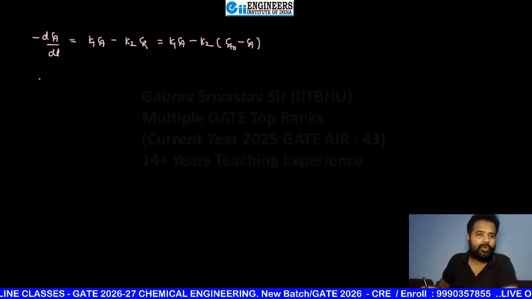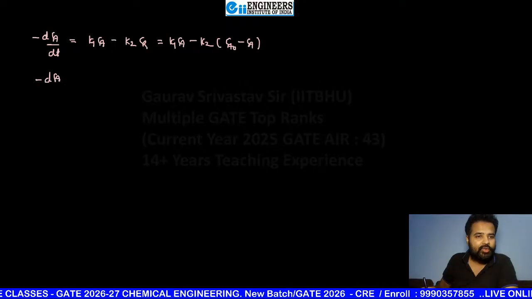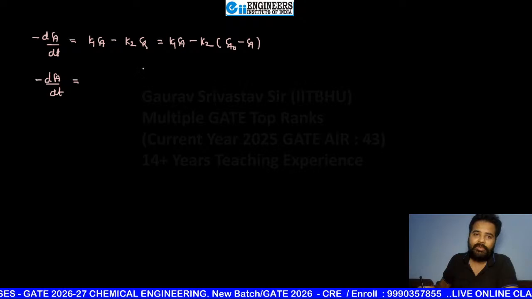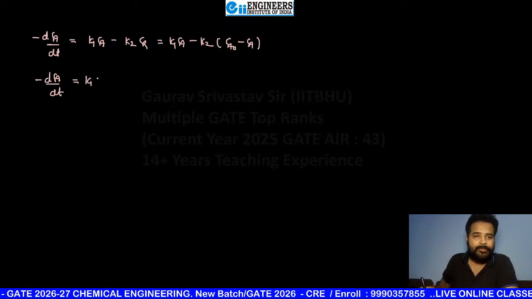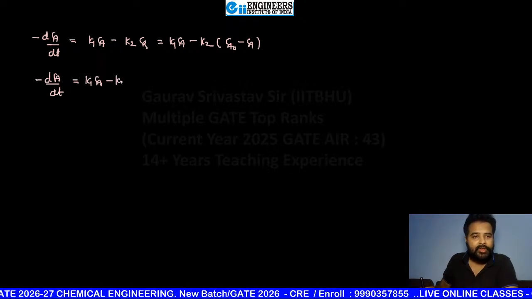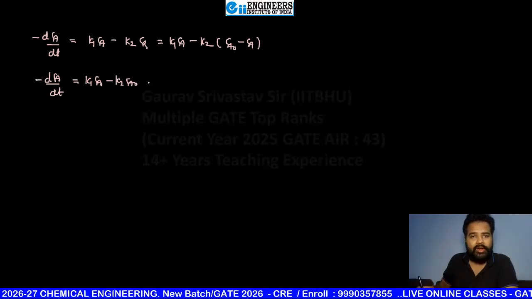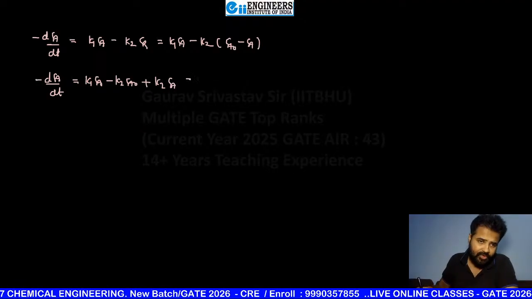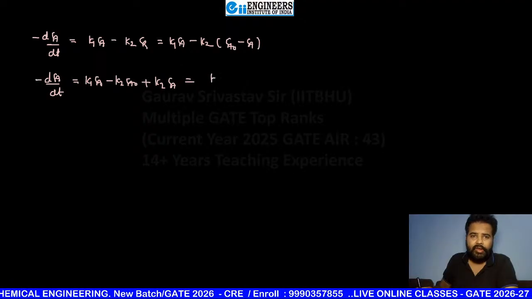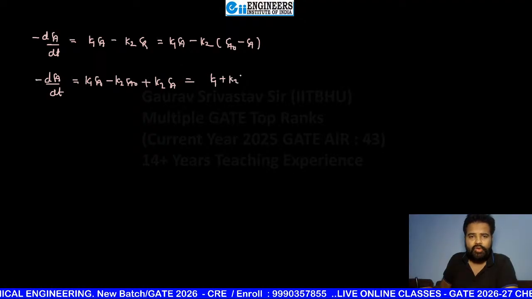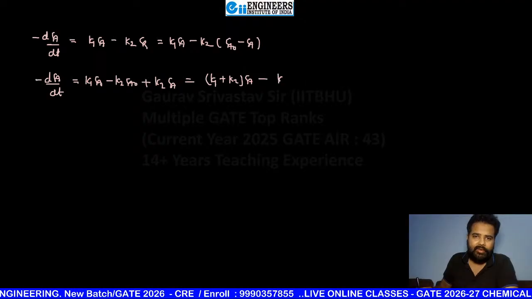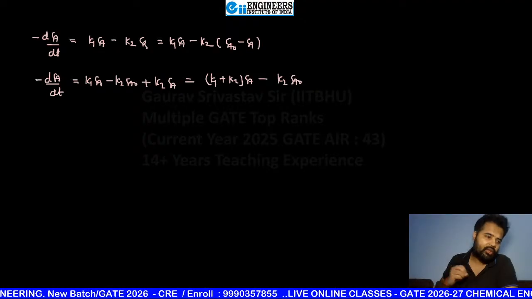Fantastic. So further moving, beta, you can write dCA by dt equals K1 Ca minus K2 Ca naught plus K2 Ca. Further moving, I can write K1 plus K2, taking Ca common from the first and third terms, and minus K2 Ca naught.